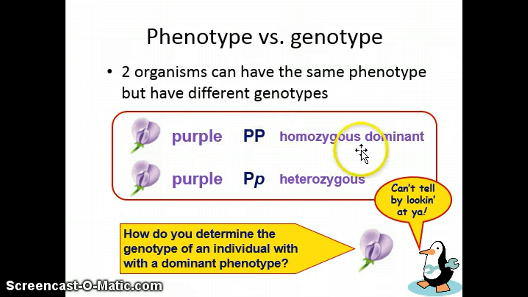It could be homozygous dominant with 2 capital P's, or heterozygous with a capital P and a little p. So if we are looking at the F1 or F2 generation and we see the dominant trait expressed, we really don't know which genotype it has. So how do you determine if that individual has homozygous or heterozygous alleles?